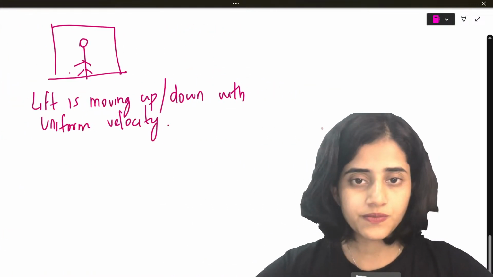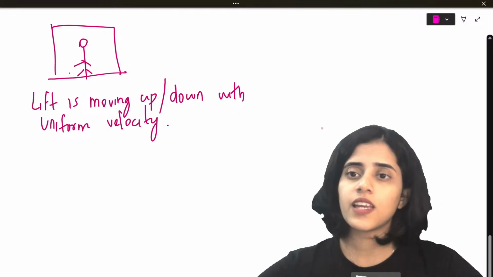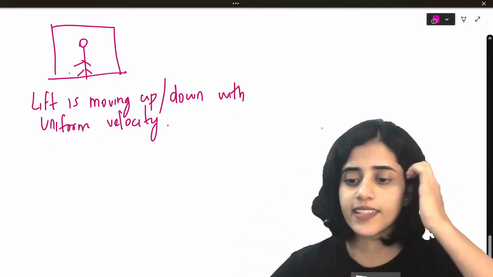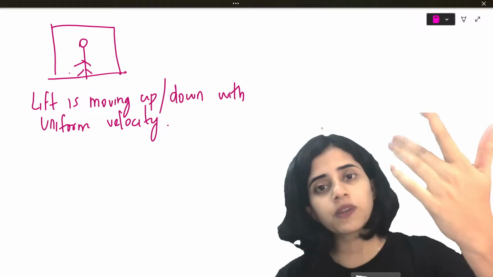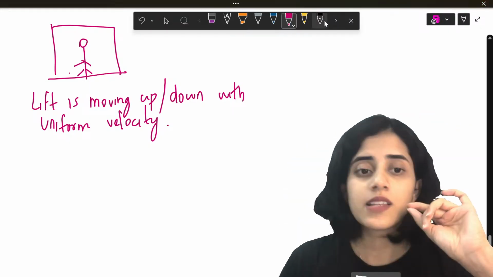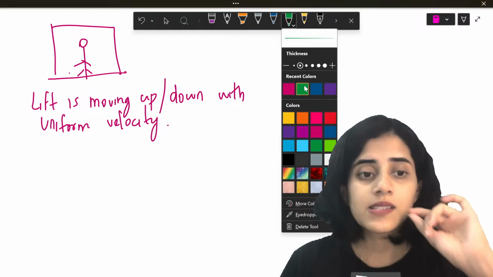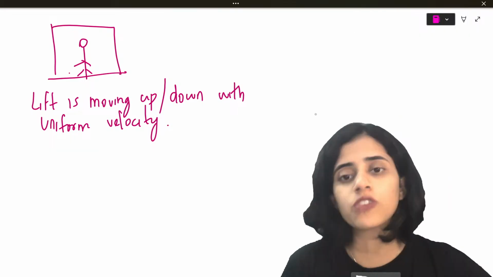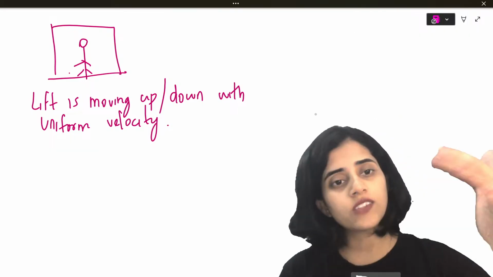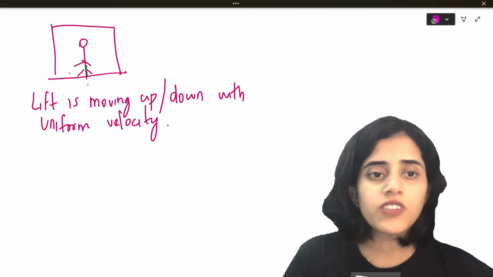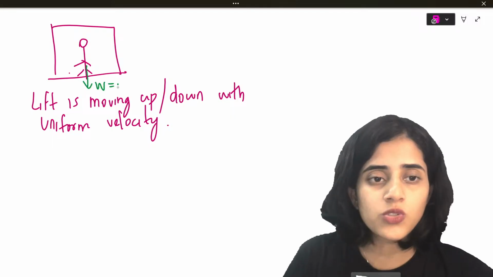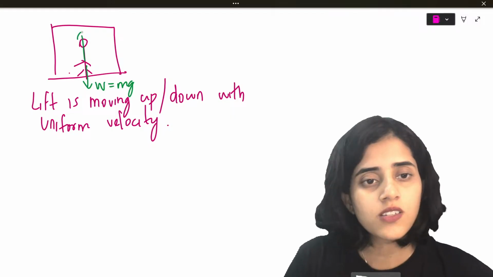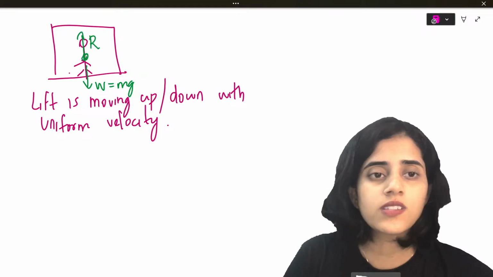There's a lift. It's moving up or down with the same uniform velocity, means same value of velocity. For example, if the velocity is 30, it's always going to be 30. So obviously it has two forces. Weight equals mg acting downwards, R acting upwards.